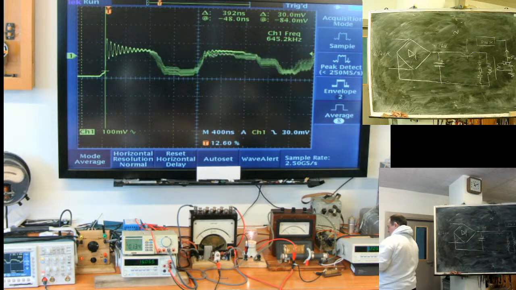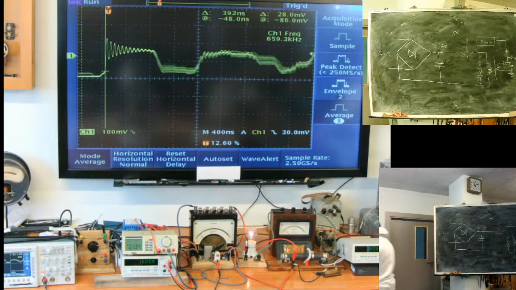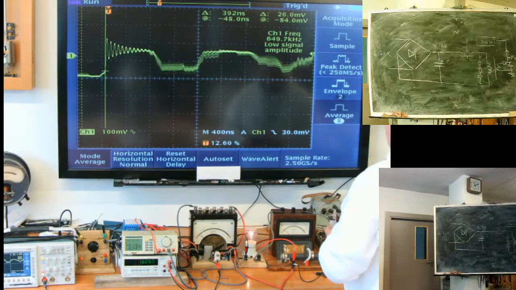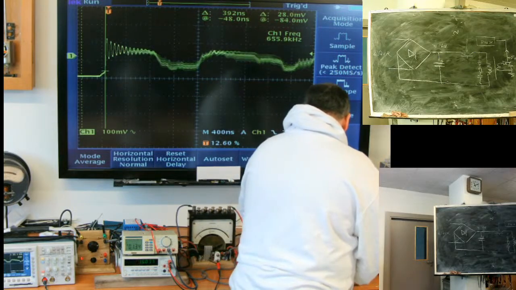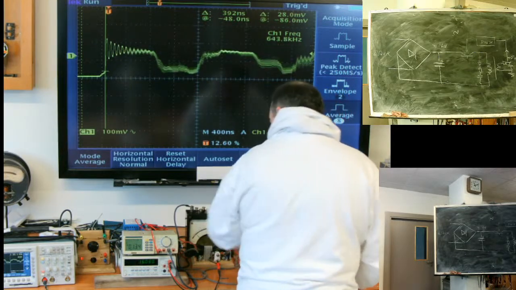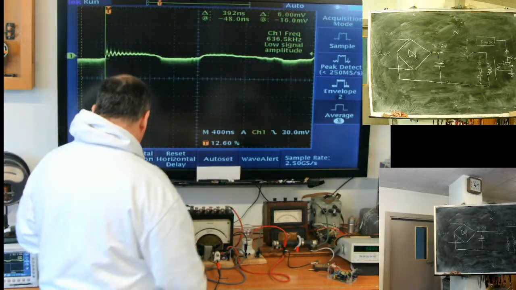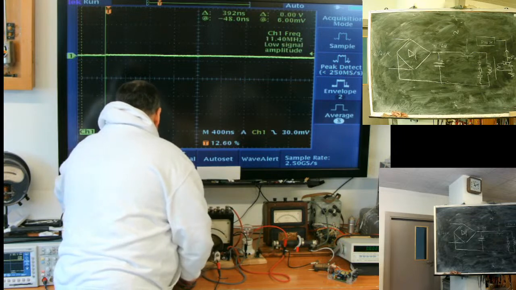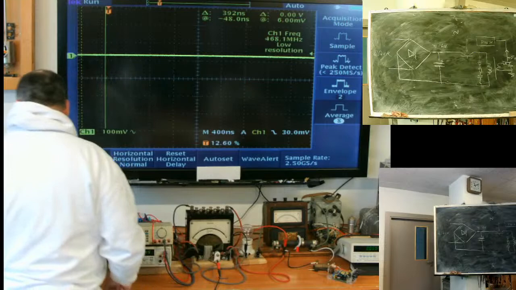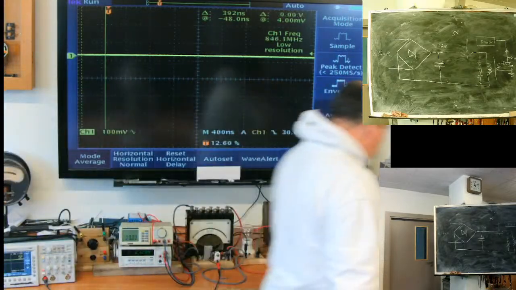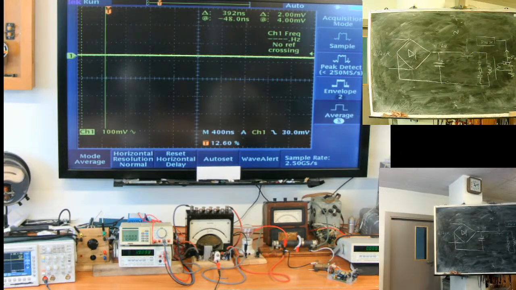Can I connect it? One second. I can disconnect this one. One moment, we will get a nice diagram.